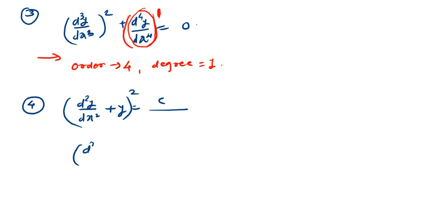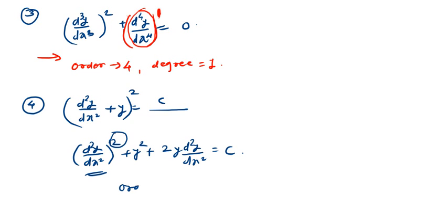So this will be (d2y by dx square) square plus y square plus 2y into d2y by dx square is equal to constant. Now you can check the highest order derivative, which is this one, and its power is 1, so the order of this differential equation is 2 and the degree is 1.